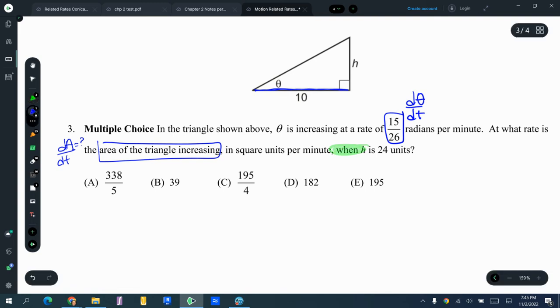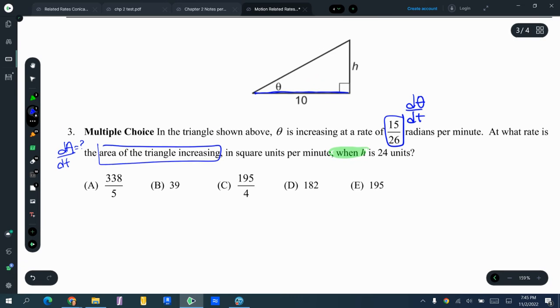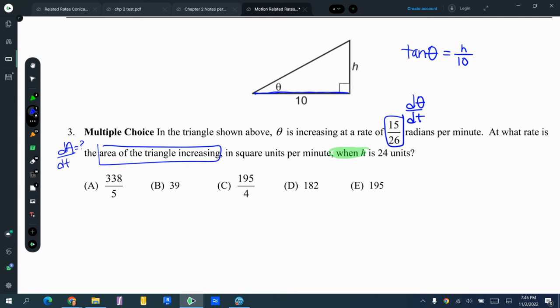All right, so how do we come up with a relationship for this kind of a thing? Well, we've got a triangle, we've got a theta, and I've got two sides of the triangle. So for this particular problem, I'm going to go ahead and use a tangent expression. I know that the tangent of the angle is going to be our opposite over our adjacent.